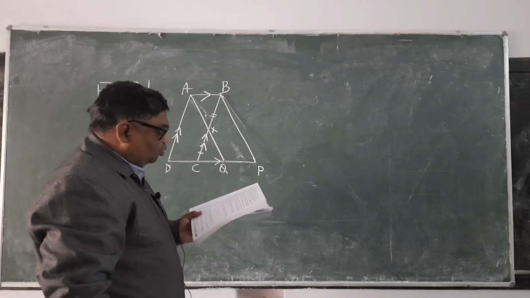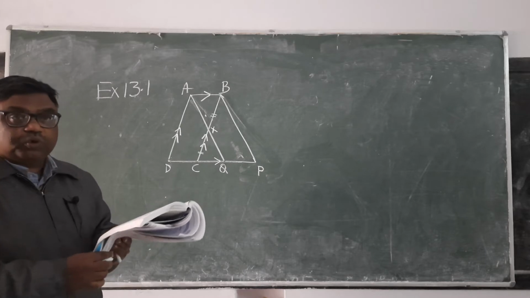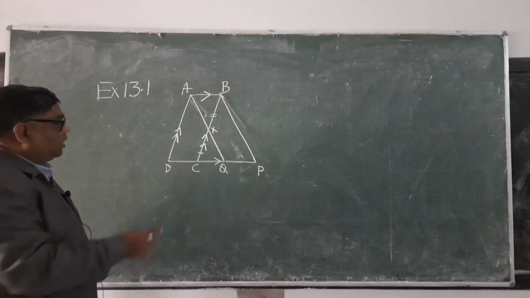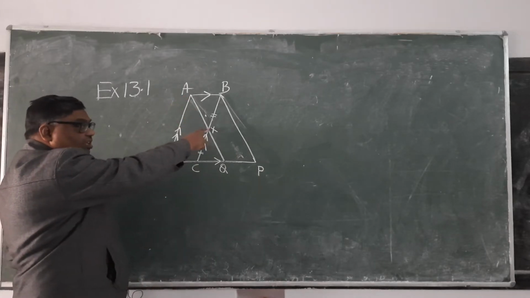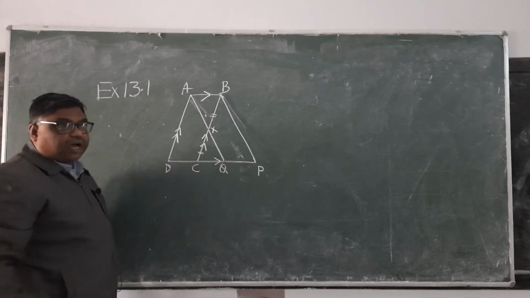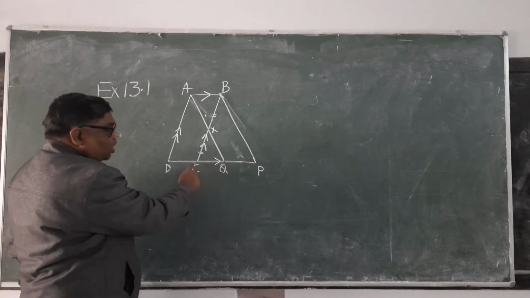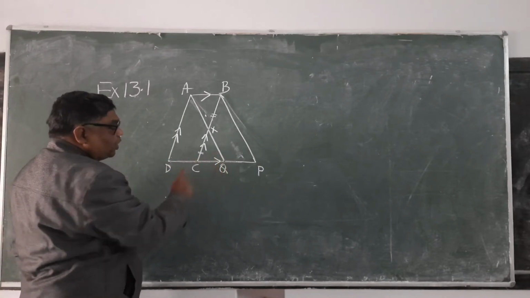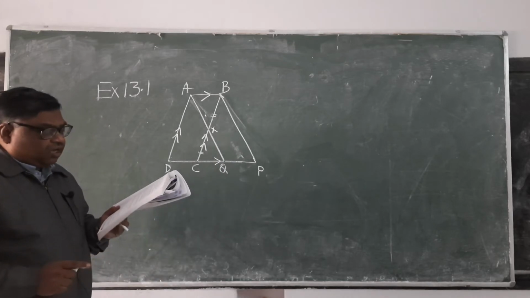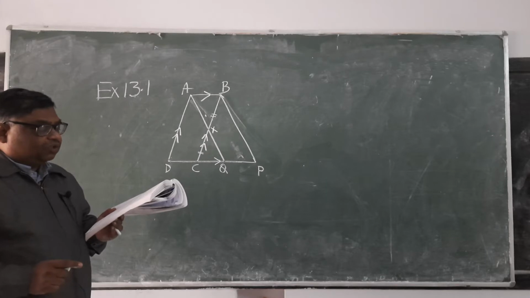DC is produced to AX. Now see here, the line AX meets DC produced at Q. Line AX is this. When it is produced, जब इसको हम आगे बढ़ाते हैं, तो ये DC produced को कहाँ पर मिल रहा है? At the point Q. It's clear? The parallelogram ABPQ is completed.